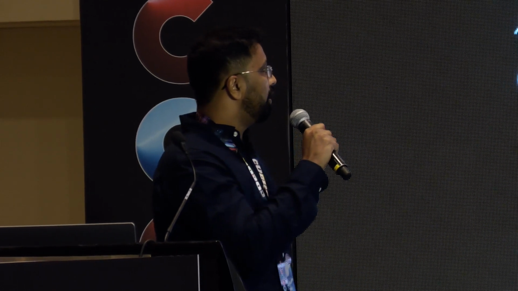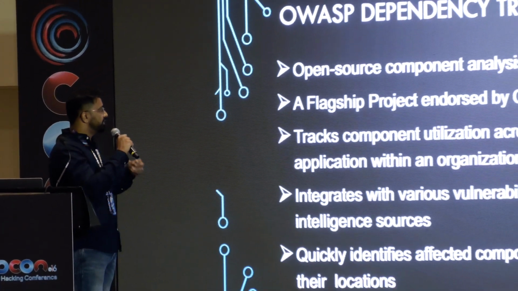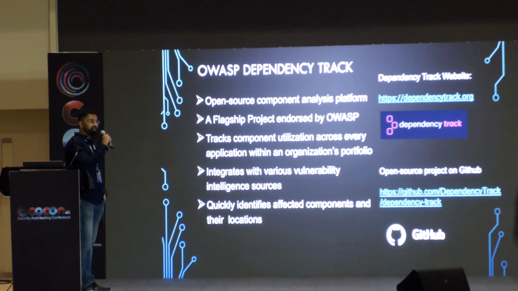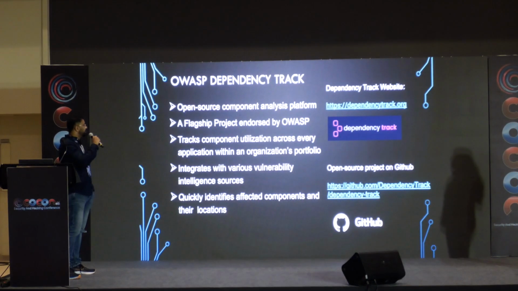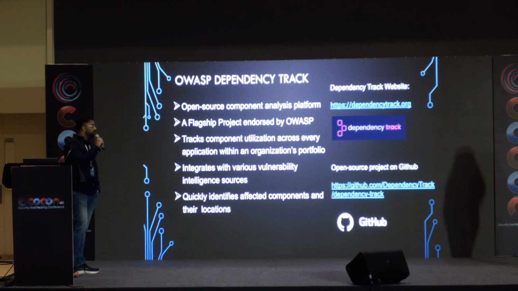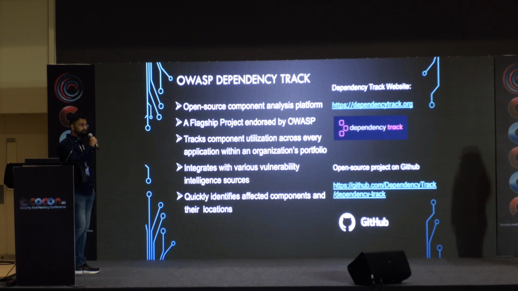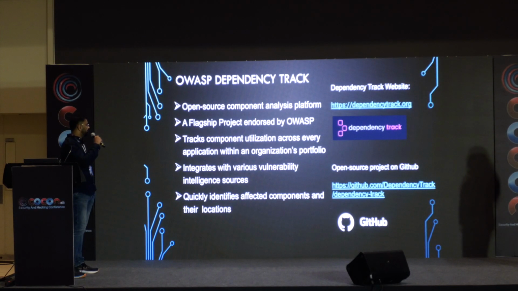We have something called OWASP Dependency-Track. OWASP Dependency-Track is a component analysis platform. It's able to extract information from the SBOM and identify the parts and components of the software where vulnerabilities or threats are present. It's a flagship project endorsed by OWASP, so it is a highly recommended tool.